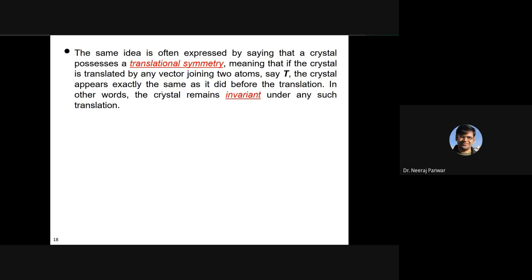In other words, the crystal remains invariant under any such translation. Invariant means something is not changing. So when we perform a translational operation inside the solid, the crystal remains invariant under that operation.